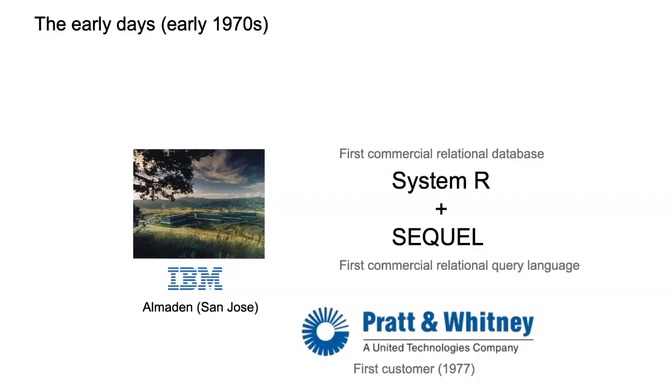You need to drive a little bit out of Silicon Valley, a little bit into the desert, and then you find the laboratory. The system itself, which was the first implementation of this relational model, was called System R. And the first customer was Pratt & Whitney, in 1977. You see, it took a couple of years to actually make it there.